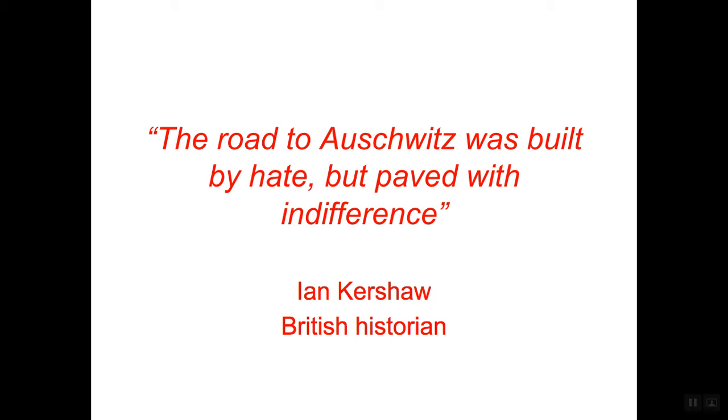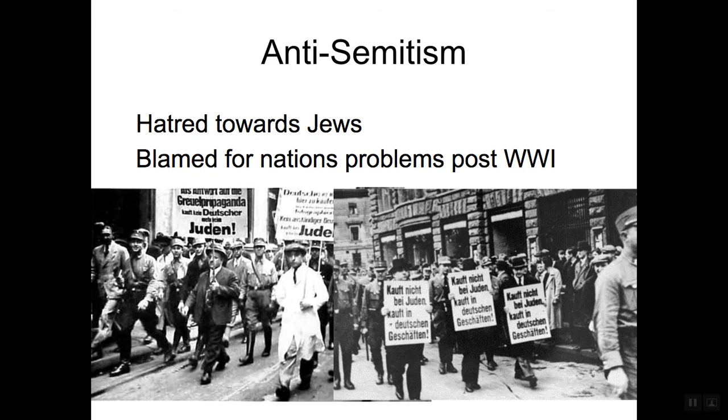So we're going to look at both of those things today: both the hate that was in place by the Nazi Party, and also the indifference, the ways that the German populace and the world, it wasn't just Germany, turned a blind eye to the mistreatment of an entire group of people. And a lot of what happens on this road to the Holocaust centers around anti-Semitism.